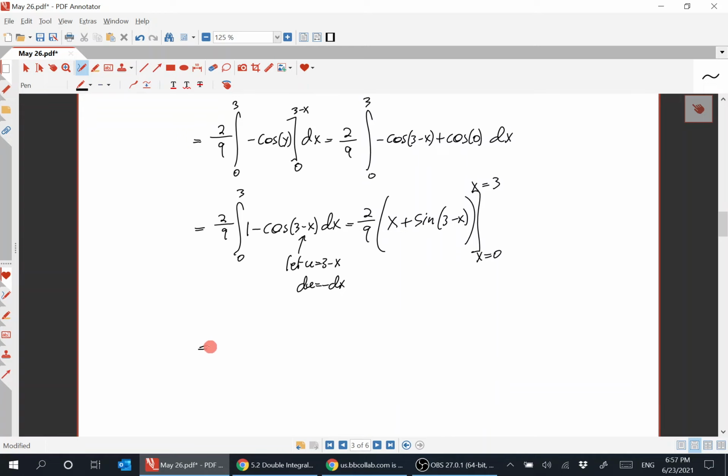So we get 2/9, and then at 3 plus sine of 0 minus 0 plus sine of 3. So this is 3, that's 0, so 3 minus sine of 3.